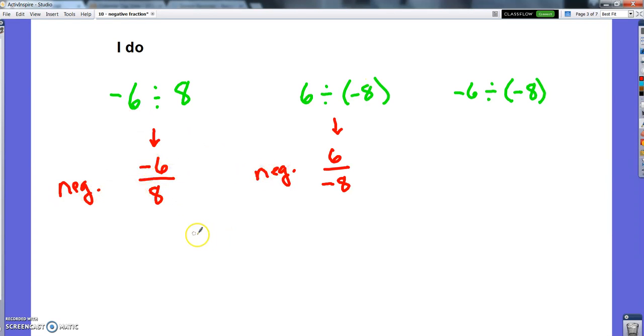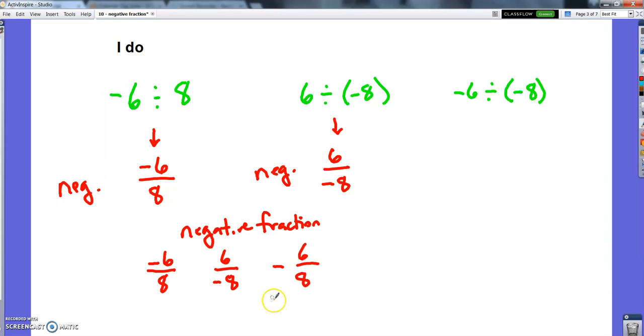So when it comes to a negative fraction or a negative rational number, this and this, these are all the same.